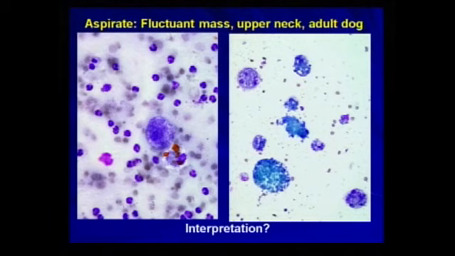Now, a number of cases that I've seen have another very characteristic feature. I'm not exactly sure what the product is, but the macrophages within these specimens have these bright greenish blue or aquamarine granules. And I've only seen those in sialoceles.